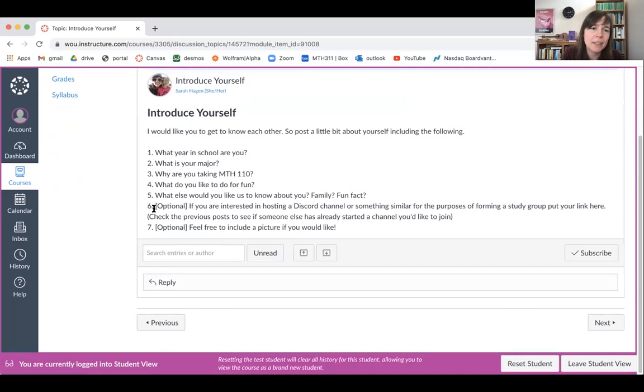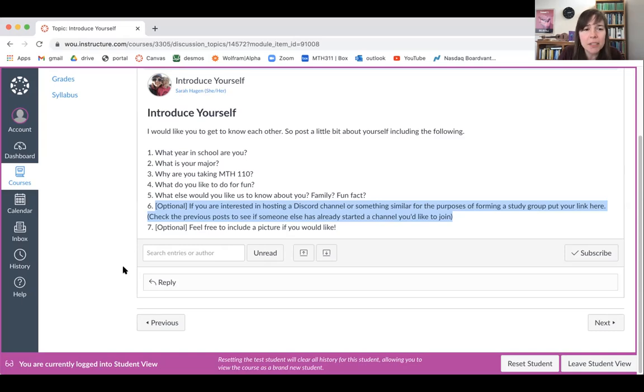And then optional is if you are interested in forming a study group with other students in the class, then this is a chance to post a link to a Discord channel or something. In the past, I have tried having discussion groups on Canvas, and basically no students participate in them when I try to have a study group discussion board.